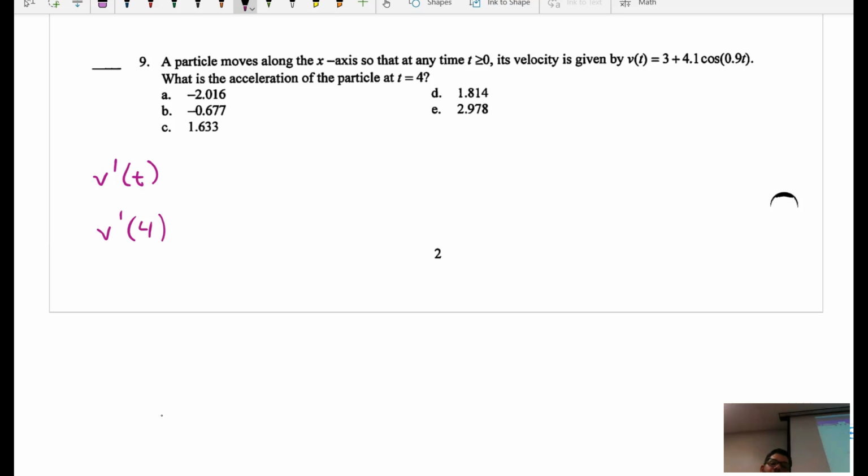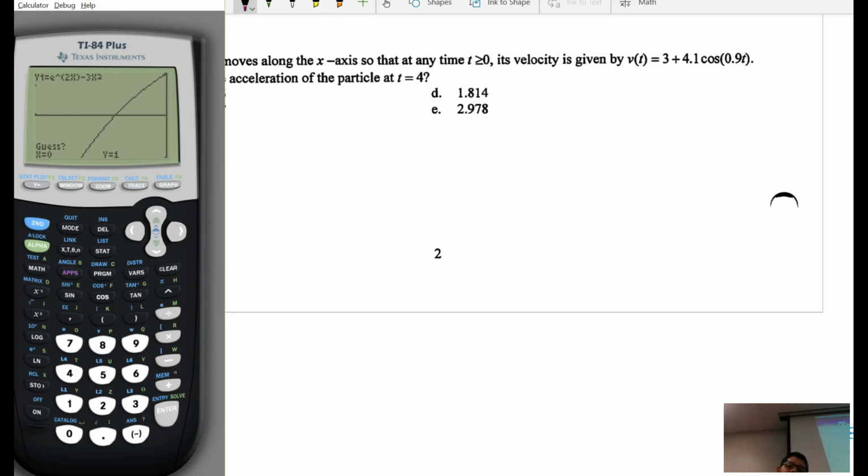I'll put this on y'all's next test. But whenever we want to take the derivative and plug a number in, the calculator will do that. Numerical integration is math 9. Numerical derivatives is math 8. We want to take the derivative with respect to x, and we're just going to replace our t's with x's, of 3 plus 4.1 cosine of 0.9x.